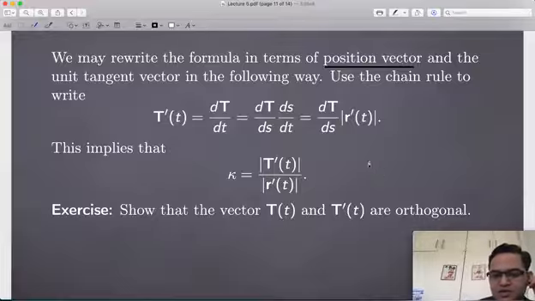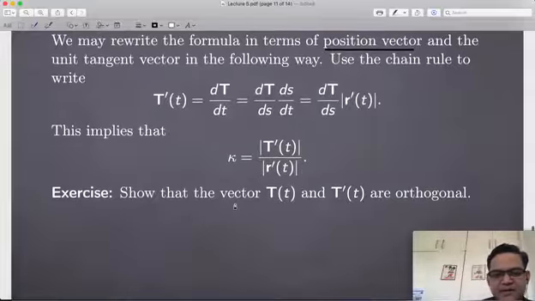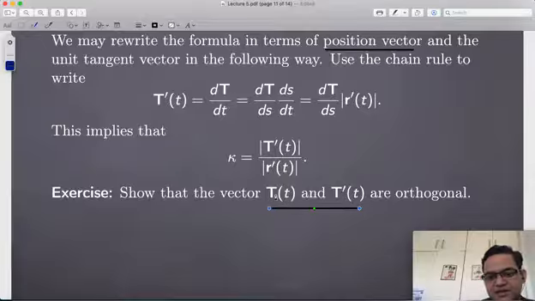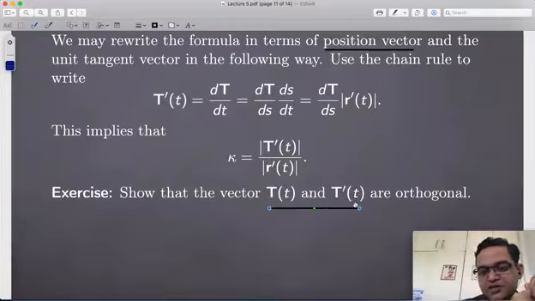Now further we solve, and then we try to write this T prime also in terms of r. I will have this small exercise for you, because this is going to be used. T is the unit tangent vector; you compute its derivative and show that they are orthogonal. This is always true no matter which curve you take.